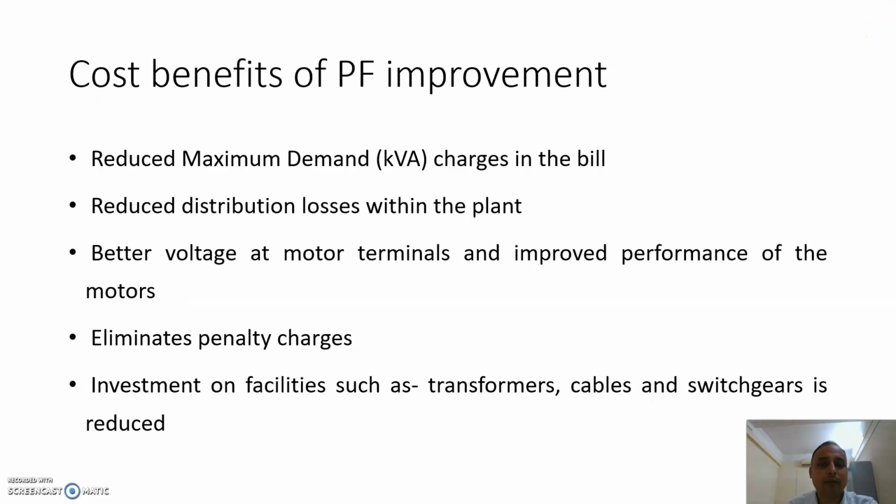So I would like to start today's discussion by mentioning the cost benefits of power factor improvement. We can have reduced maximum demand charges in the bill, as inclusion of capacitors in the circuit can reduce the value of kVAR in the power triangle.